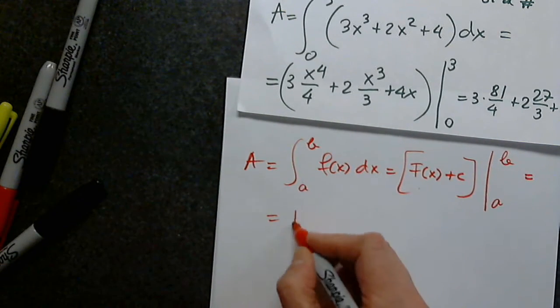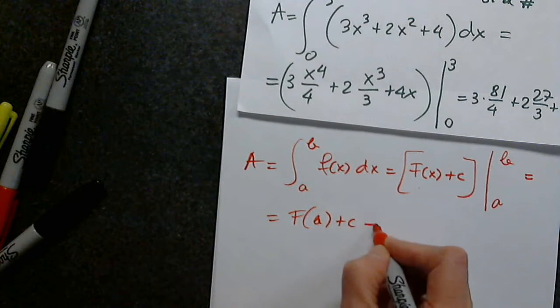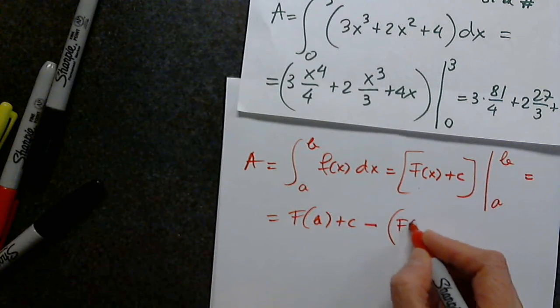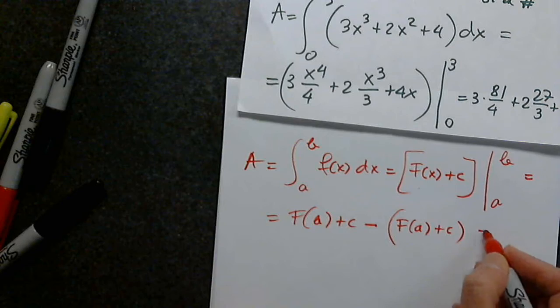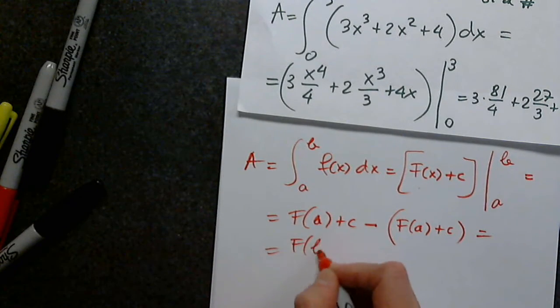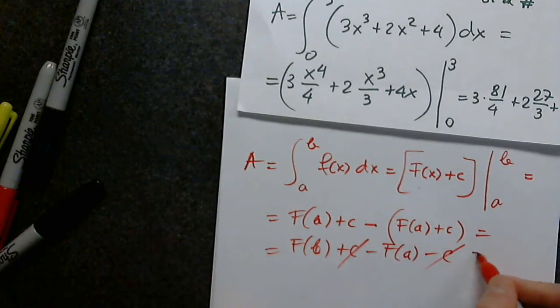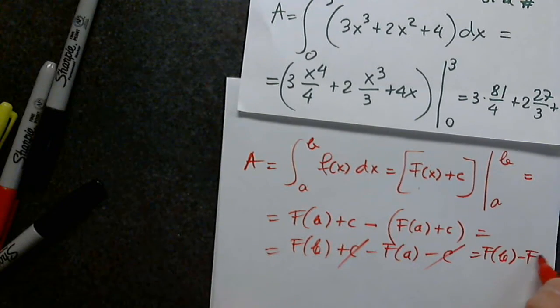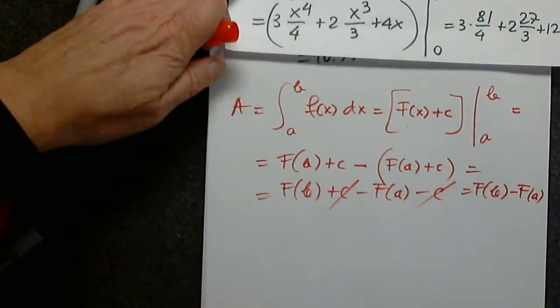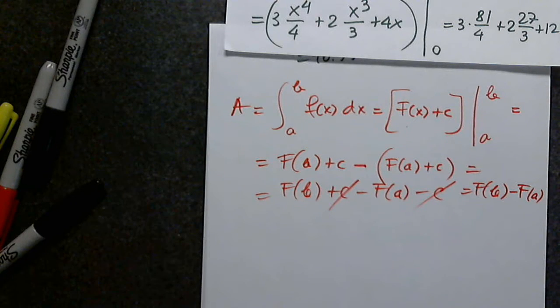Let's plug in b. Minus, let's plug in a. F of b plus c minus F of a minus c. F of b minus F of a, because the c goes away. Yes. Very good question.